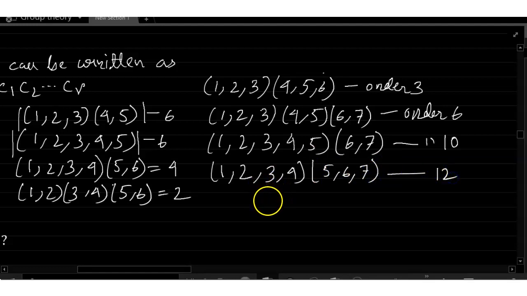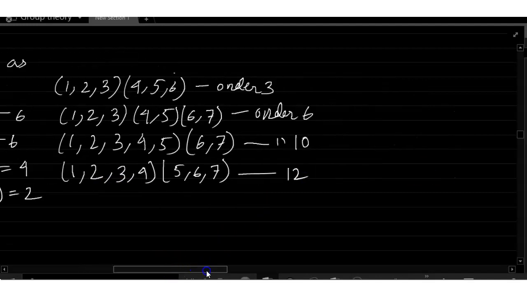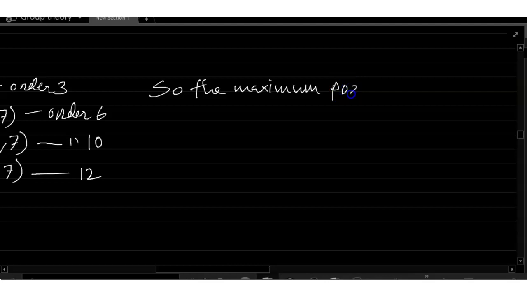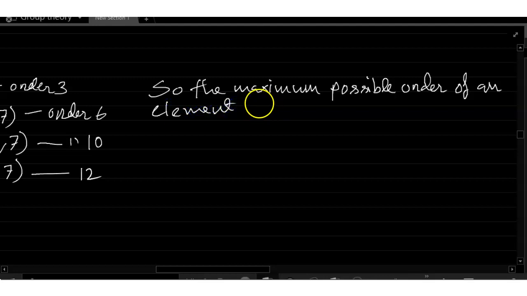So similarly, in S7 the maximum possible order of an element in S7 is 12.